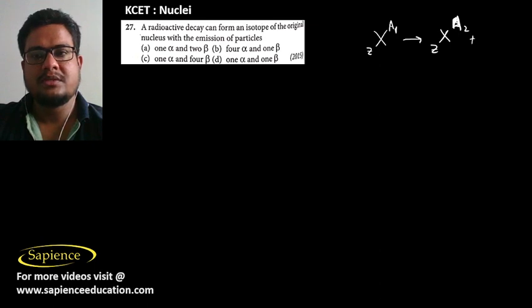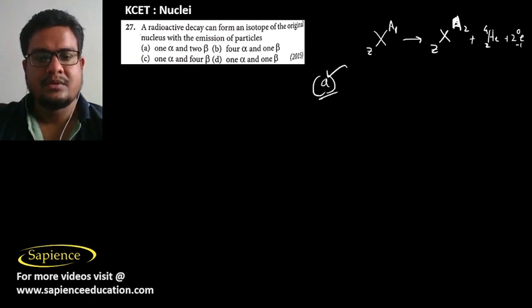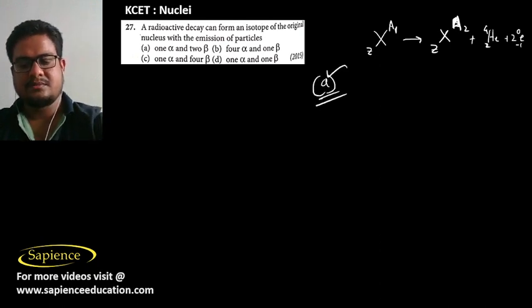It means the net charge should be: 1 alpha means He 2 4 and 2 beta means e minus 1. So that can happen. 2 alpha, 1 beta, no. 1 alpha, 4 beta, no. So only option A is the correct answer.